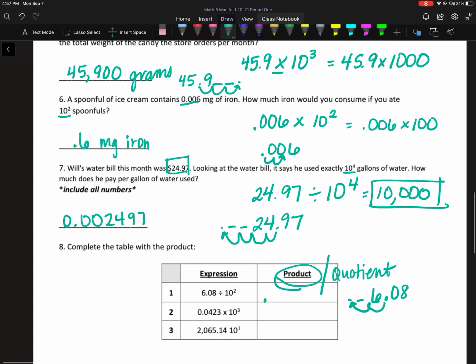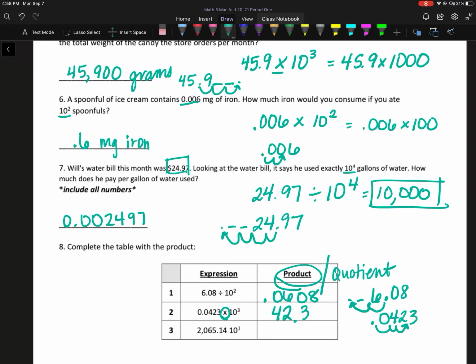So my answer would be 0.608. For number 2, I am multiplying, and it is 10 to the third power. So this means I'm moving my decimal 1, 2, 3 to the right. So for 42 and 3/10.